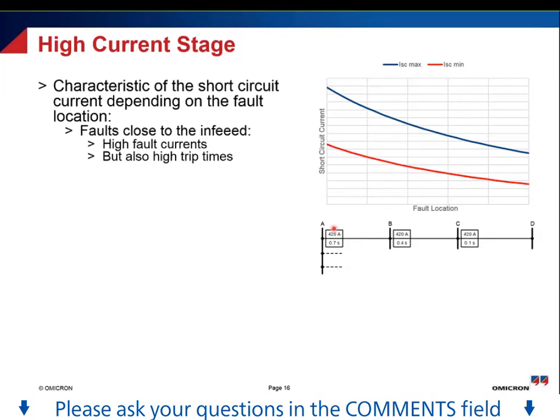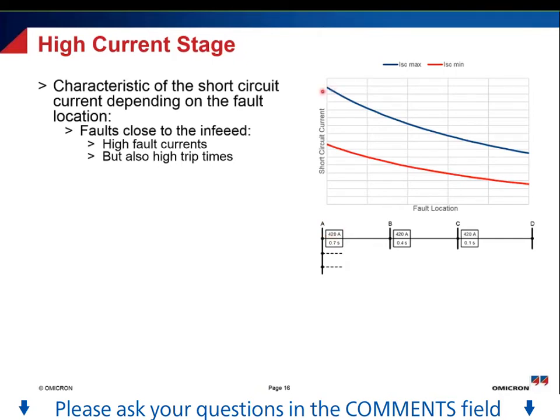Then the trip times can go up to 1.5 seconds and longer. That means we have a long trip time for faults directly in front of A. But the fault current directly in front of A will be very high. As you can see, the closer we come to the bus bar A, the higher our fault currents get.